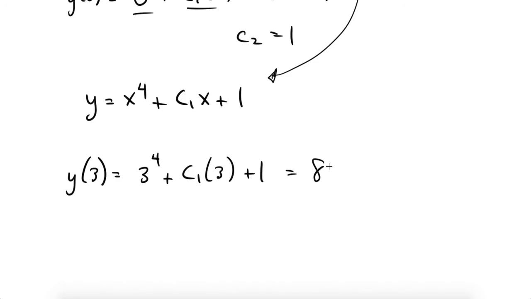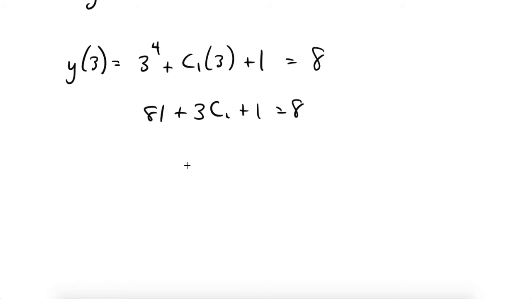So this is just a linear equation with one unknown, right? So 3 to the fourth, that's 81, 3c1 plus 1 equals 8. And then I'm just going to solve this for c1. So 3c1 plus 82 equals 8, 3c1 equals negative 74.